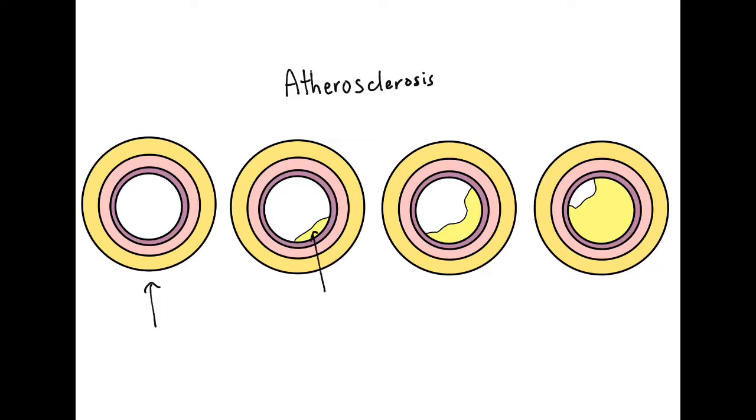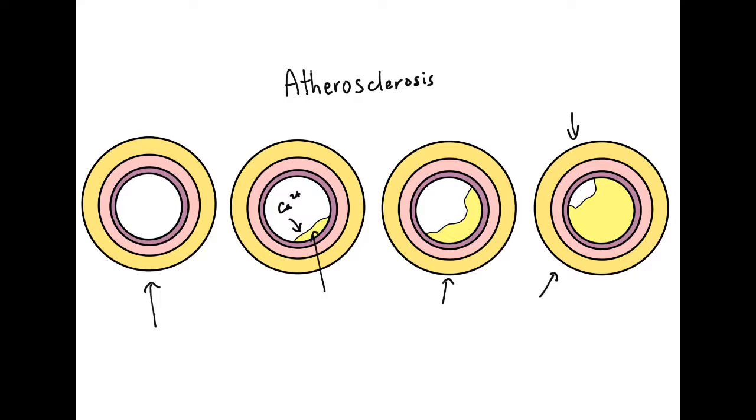When that happens, we actually have calcium and other minerals start to attach to it. And that will slowly over time make the vessel harder and less elastic. So we can see over time it's slowly starting to get more and more blocked. If we start to have a full blockage, that can cause a heart attack or a myocardial infarction.